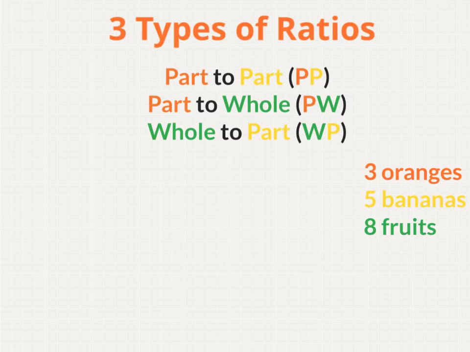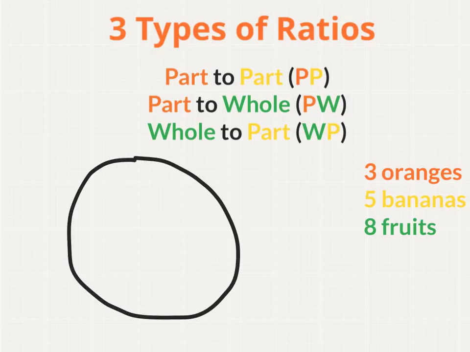There are 3 types of ratios. I can compare part to part, part to whole, or whole to part. These are the 3 types of ratios, and here's what I mean by them. If I had a bowl of fruit, and in that bowl of fruit I had oranges and I had bananas.